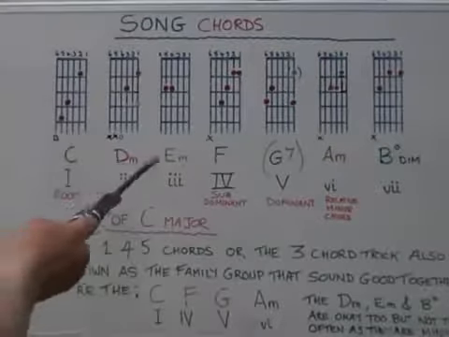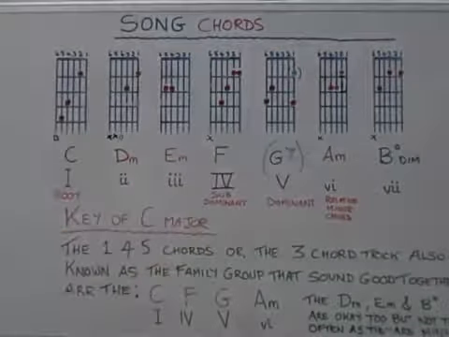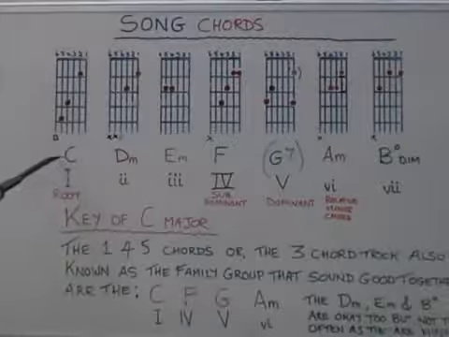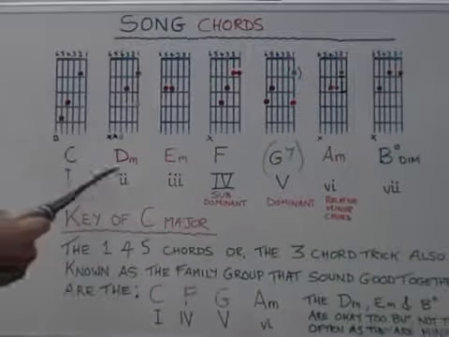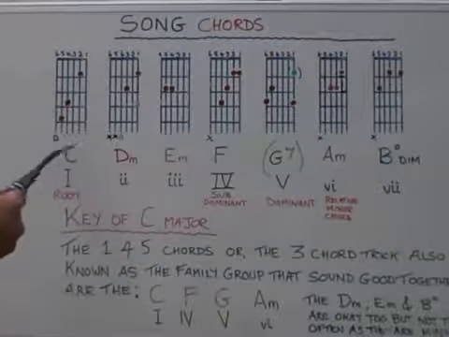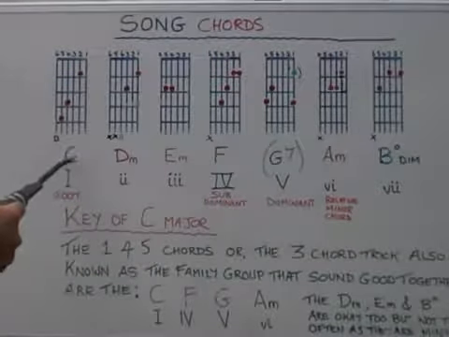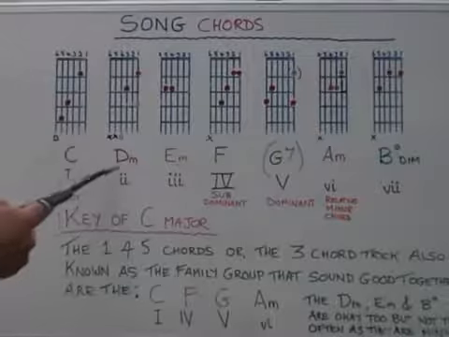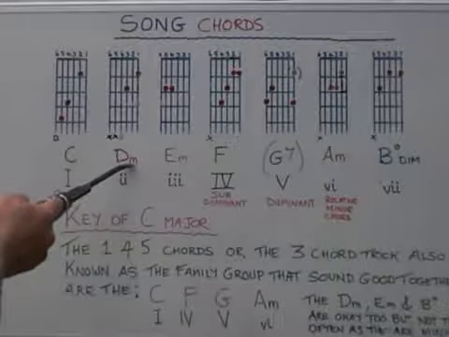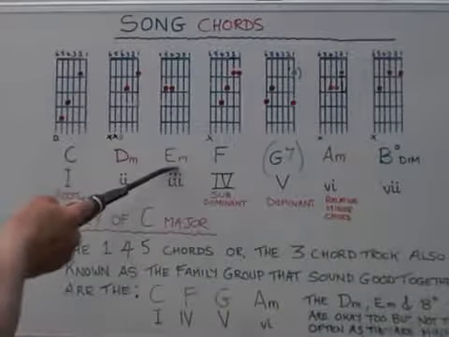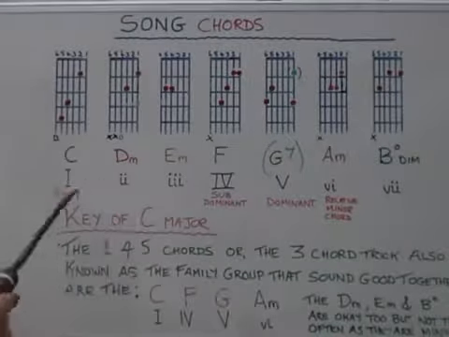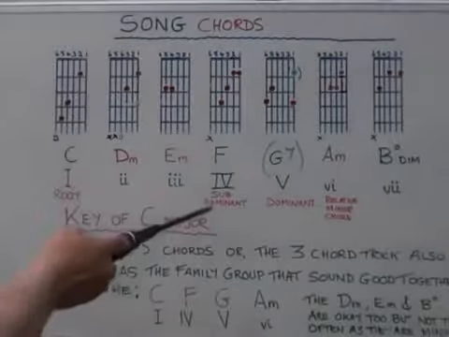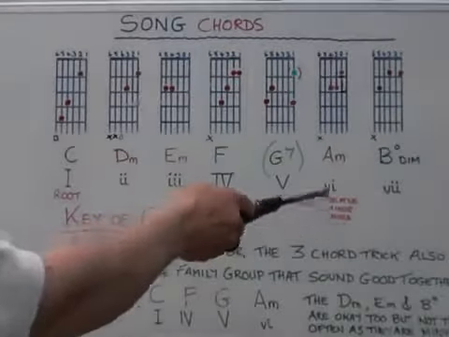I wrote out C, D, E, F, G, A, B. Then I showed the 1, 4, 5, which were the major chords in that scale. And then I showed how this was the next one. The second one was a minor, that's a minor, that's a minor, that's a diminished. So basically we've got the root here, the subdominant, the dominant and the relative minor chord.